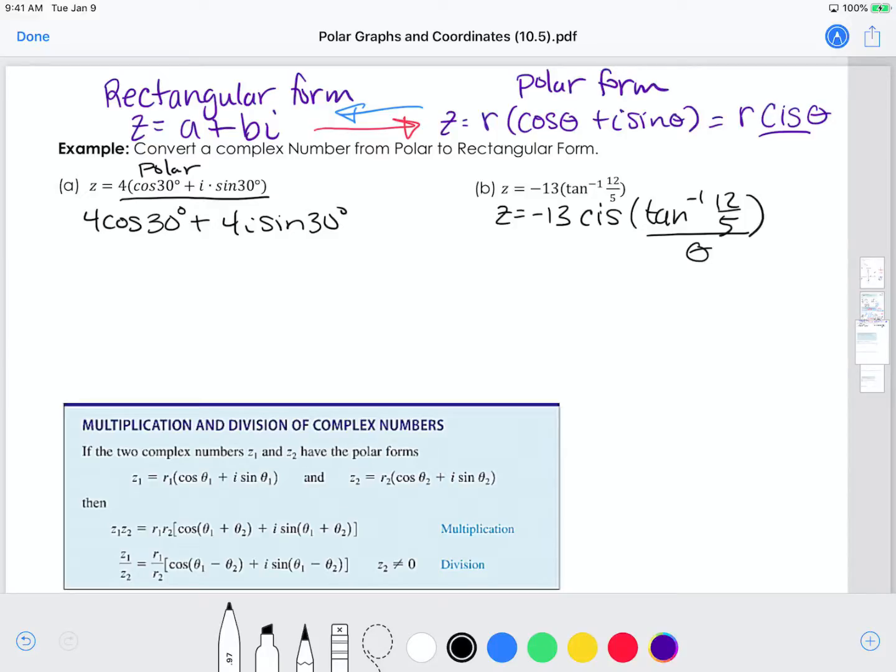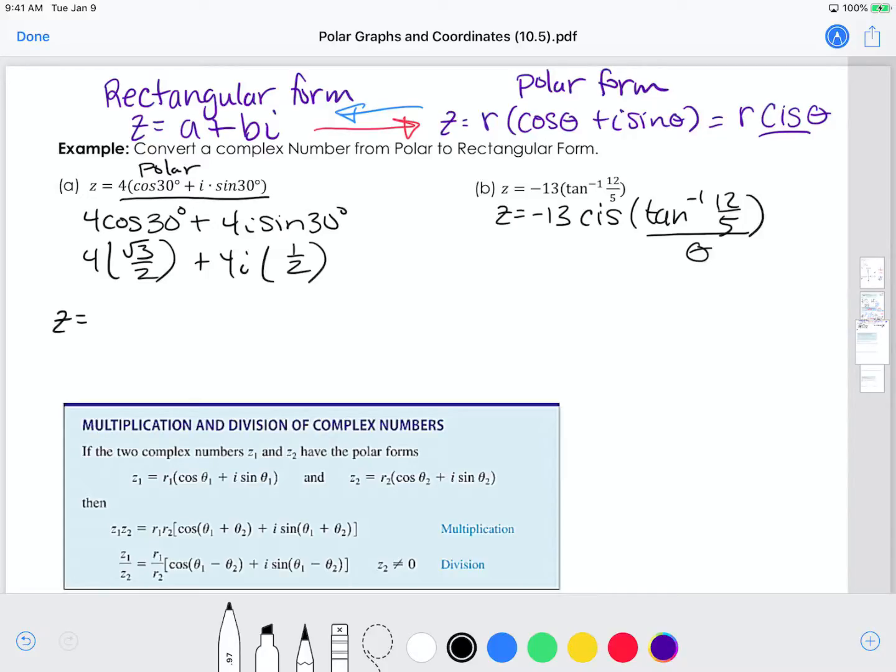Cosine of 30 degrees is the square root of 3 over 2. So I'm going to replace cosine of 30 with square root of 3 over 2 plus, and sine is a half. So I'm going to replace sine of 30 with a half. And then I'm going to simplify it, and we'll get our value of z in rectangular form.